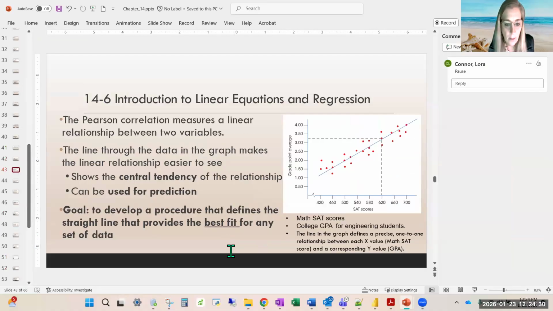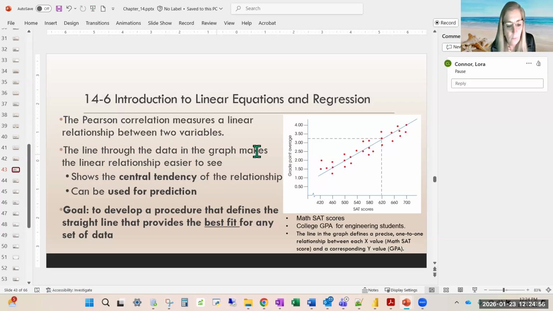All right. Here we're going to look at linear equations and regression. Regression sort of takes correlation to a new level, right? We're still looking at linear relationships here between 2 variables for this type of statistical test. Here you can see a line that's drawn right smack down the middle of this data plot.